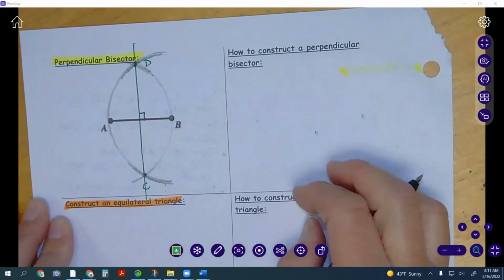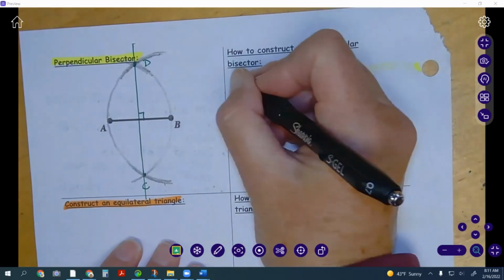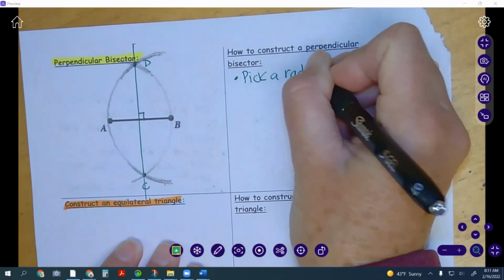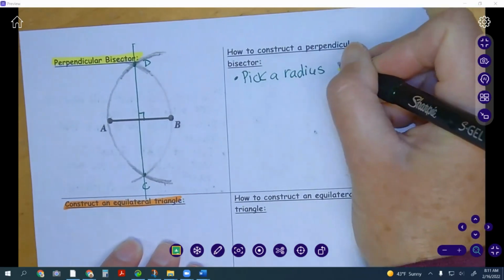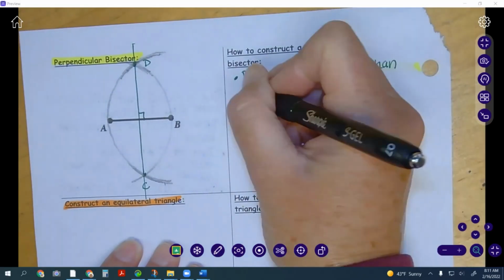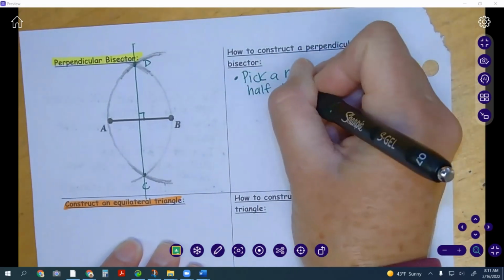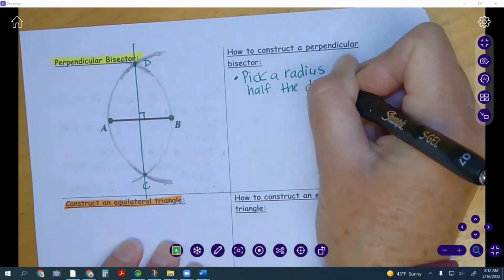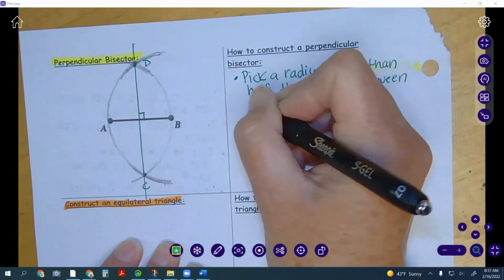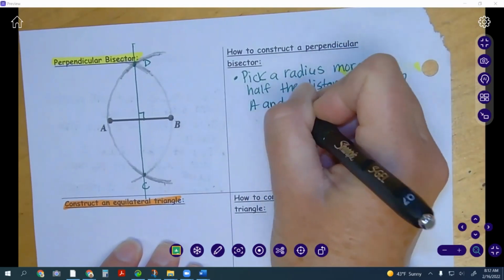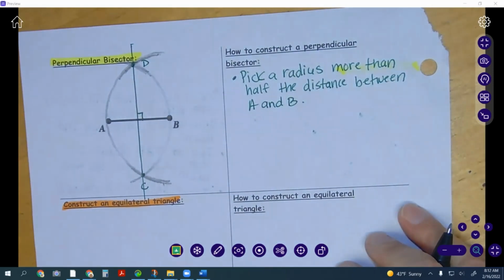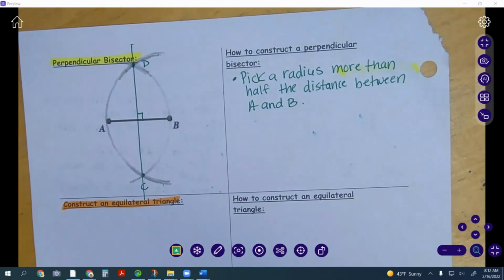So I'm going to write down the steps. Step 1, pick a radius more than half the distance between A and B. Okay, again, it does not matter what that is, as long as it's more than half the distance.